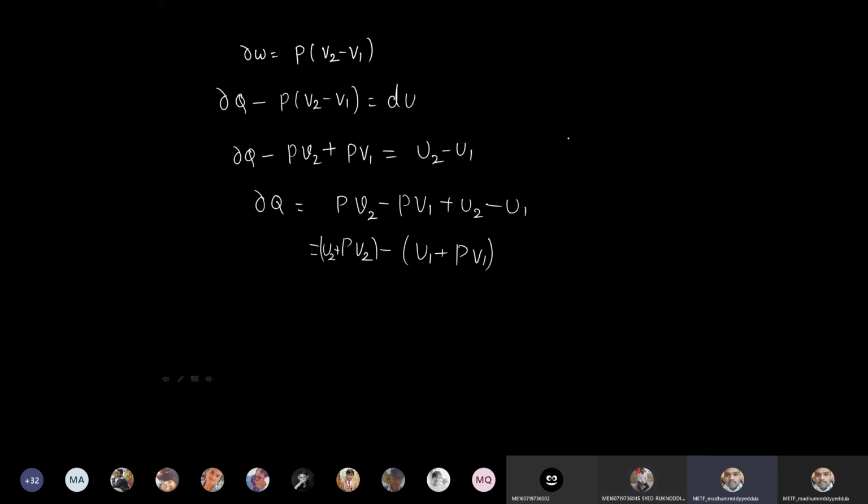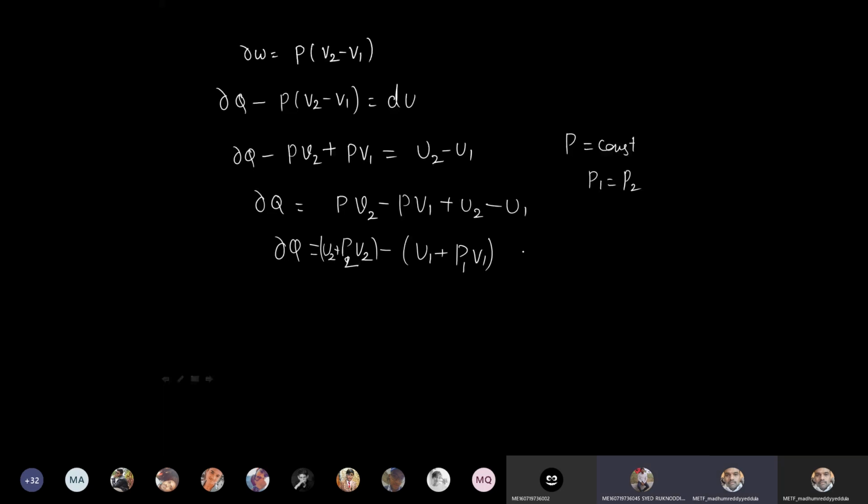Now I can write, this is a constant pressure process, right? P equals constant, which implies P1 is equal to P2. Now what is U here?